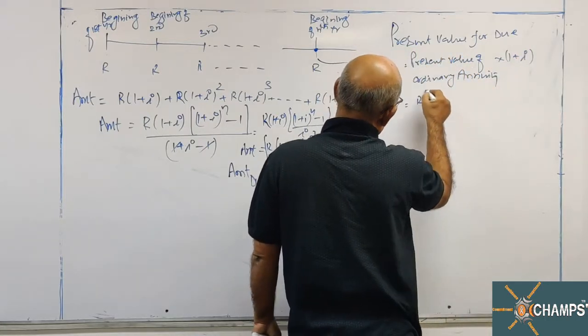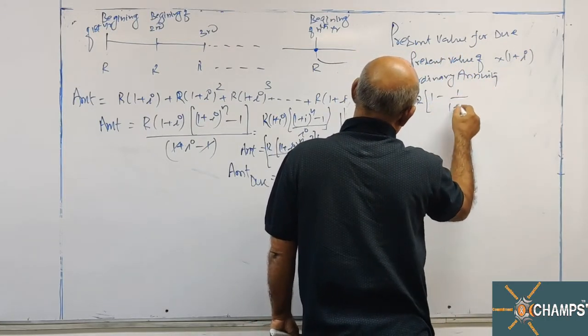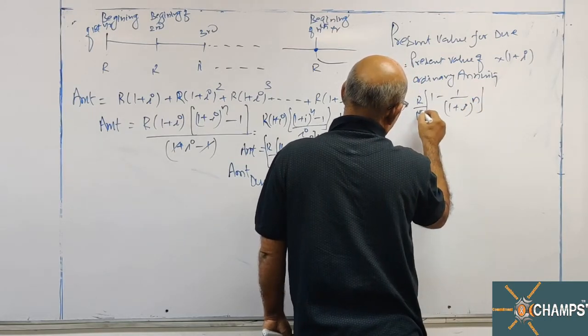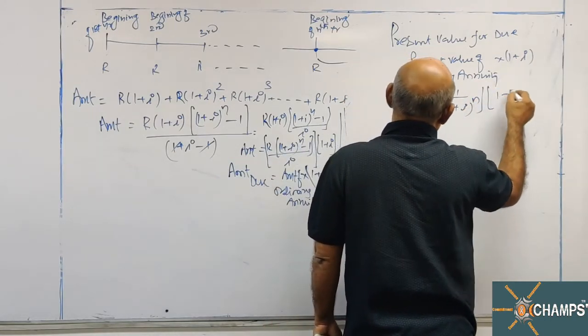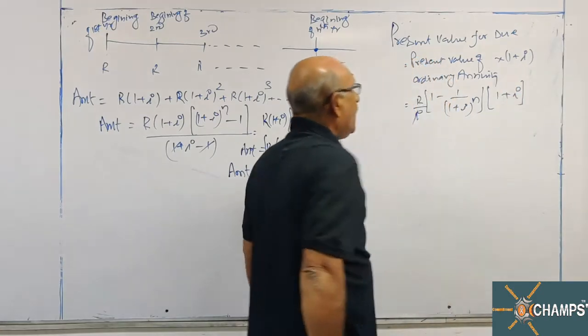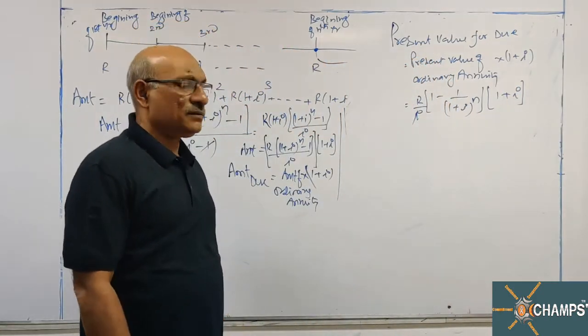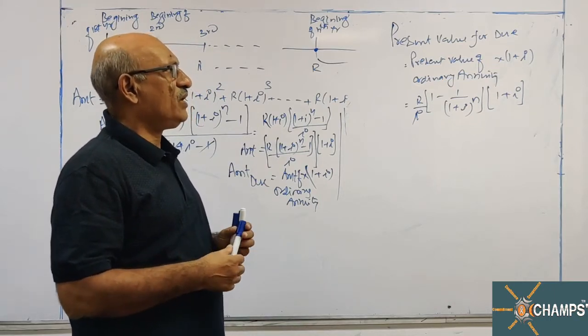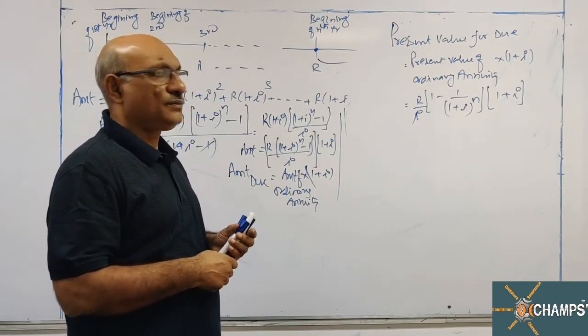So this is equal to R into 1 minus 1 by (1+i)^n, into 1 plus i. So this is the formula for present value of due.